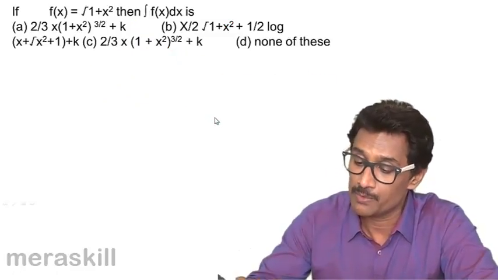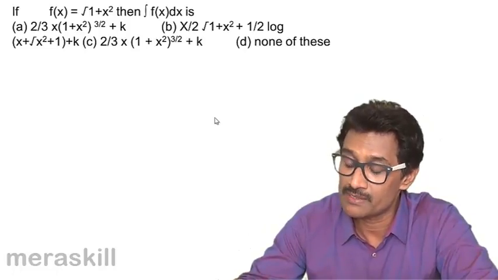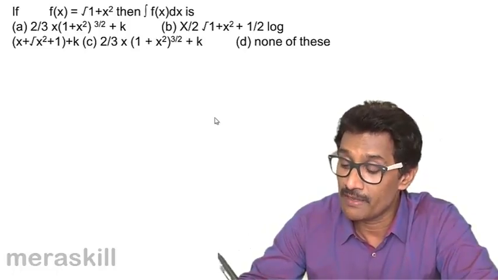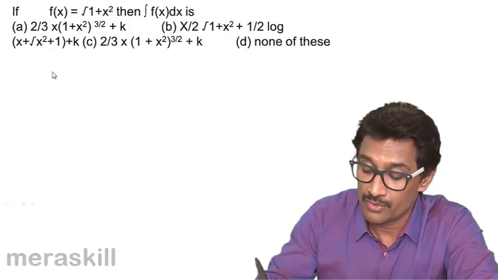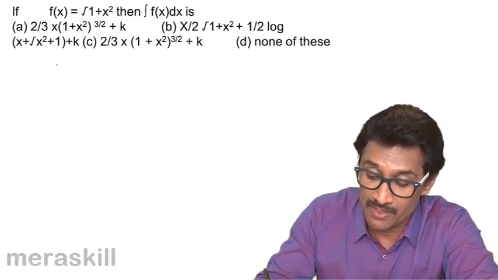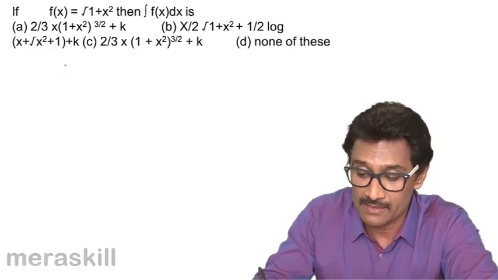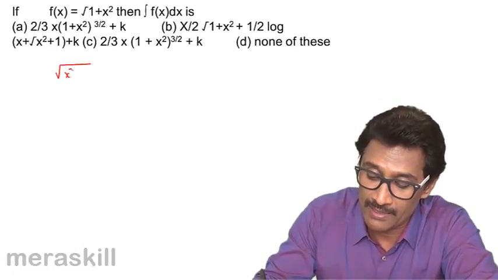So there are some examples over here. f of x is root 1 plus x squared, then integral of f of x dx is what? So it's going to be the last type, that is we are going to use 1 plus x squared, that is root of x squared plus a squared.